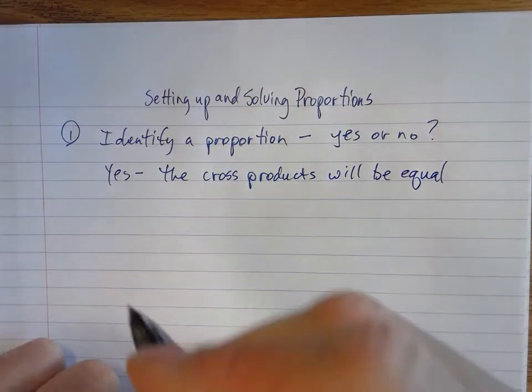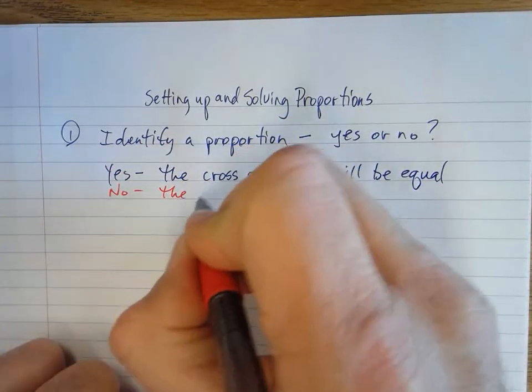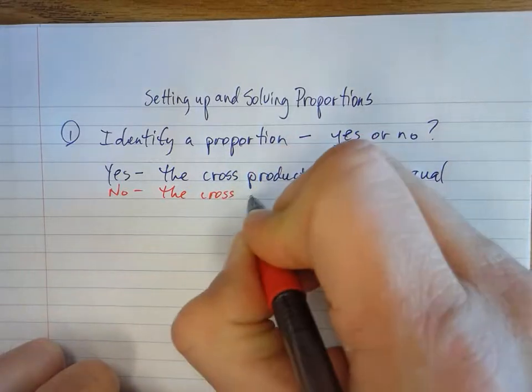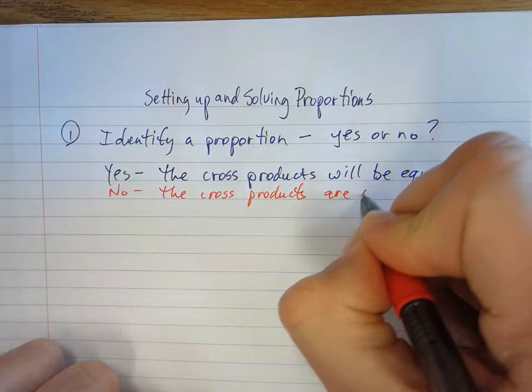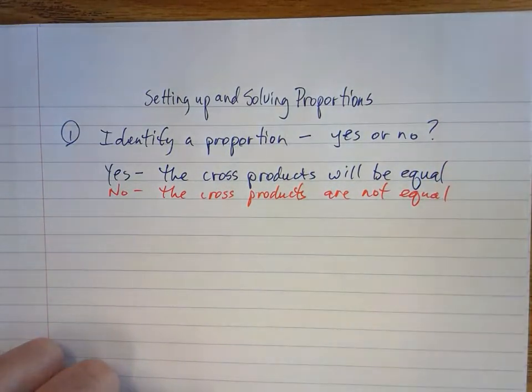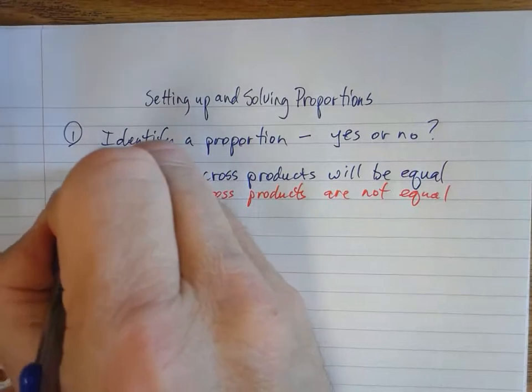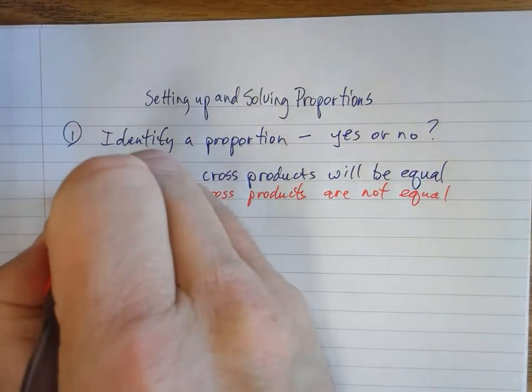And if it's a no, okay, the cross products are not equal. So for it to be a yes, they've got to be equal. For it to be a no, they are not going to be equal.